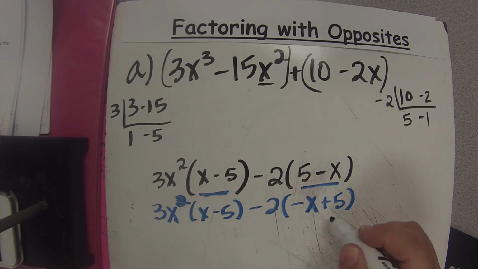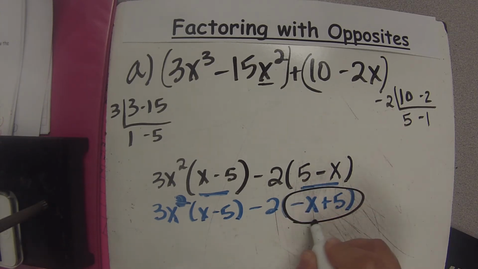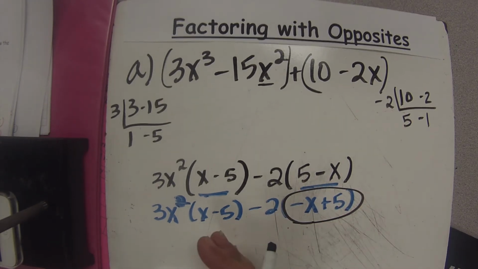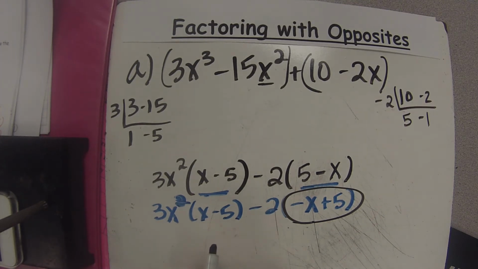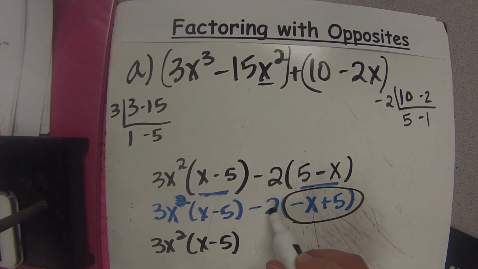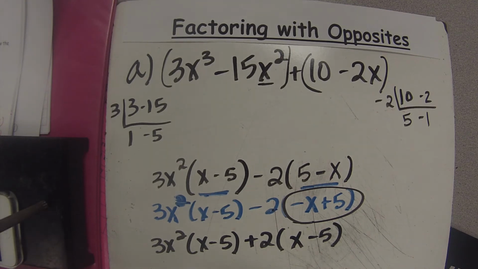So if I rewrite this portion and I pull out that -1 value, then what's going to be left over is 3x squared, x minus 5. If I pull out a -1, that's going to change my -2 to +2. It's going to change my x to +x, and my +5 to -5.